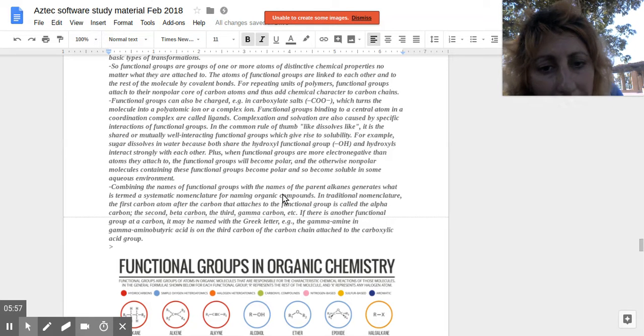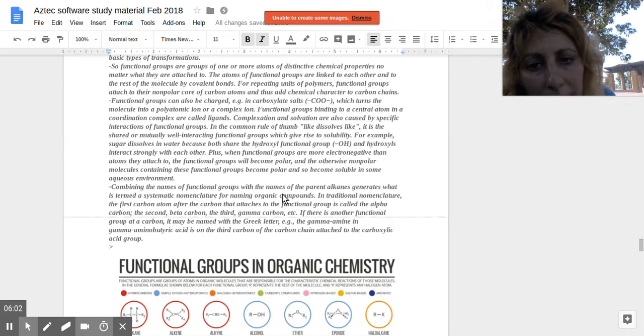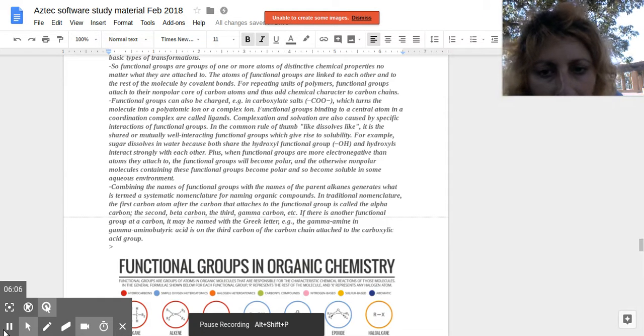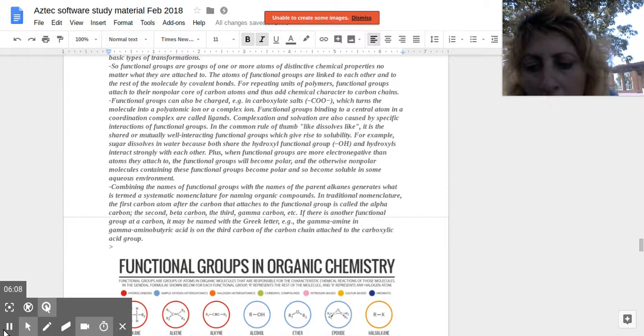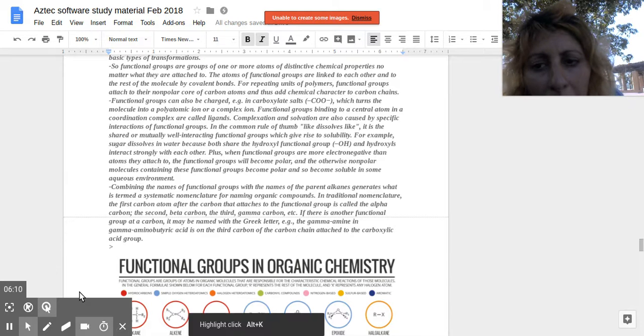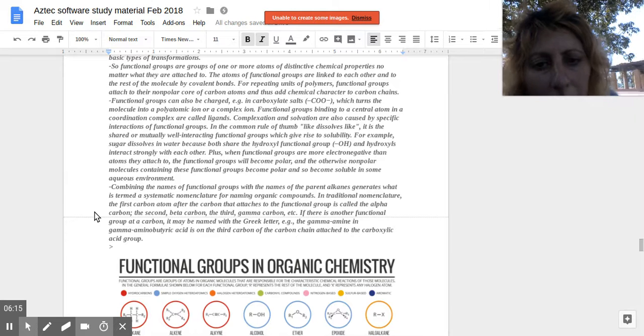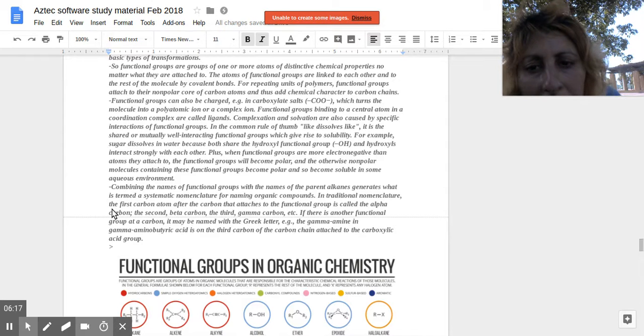Functional groups binding to a central atom in a coordination complex are called ligands. Complexation and solvation are also caused by specific interactions of functional groups. In the common rule of thumb, like dissolves like, it is the shared or mutually well interacting functional groups which give rise to solubility.